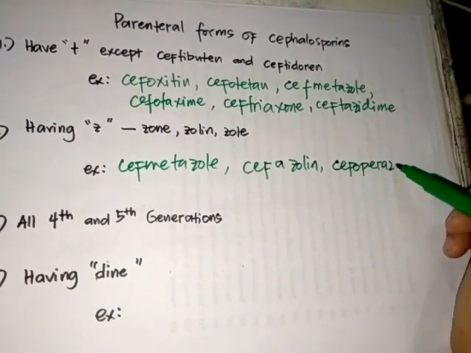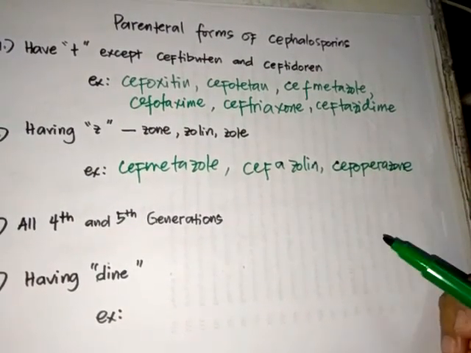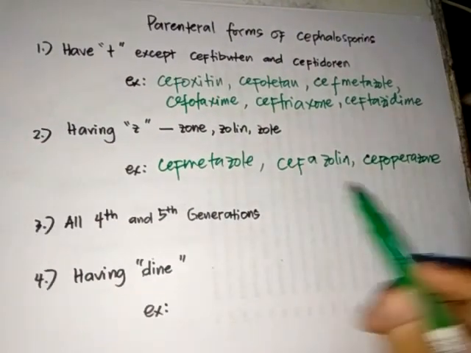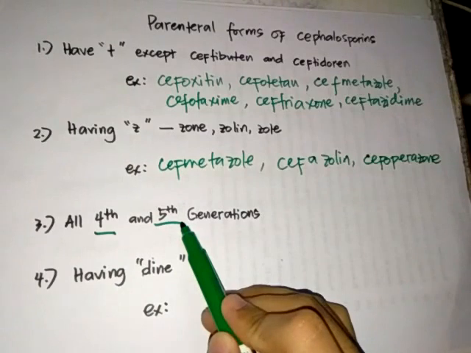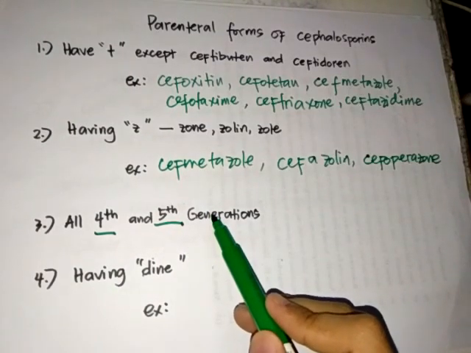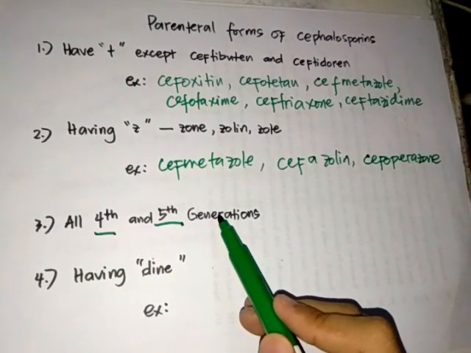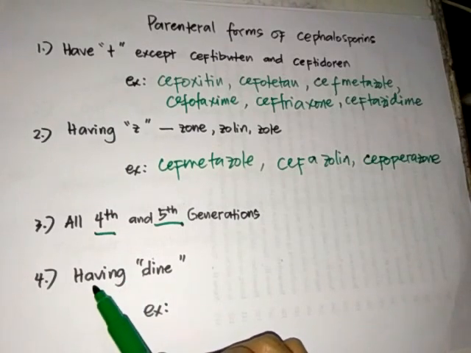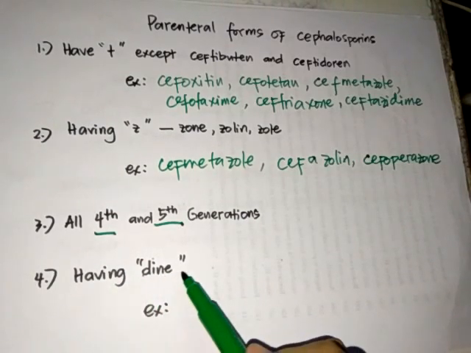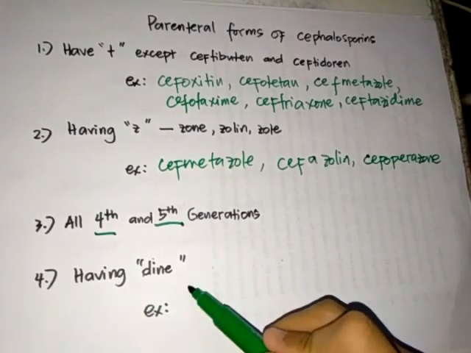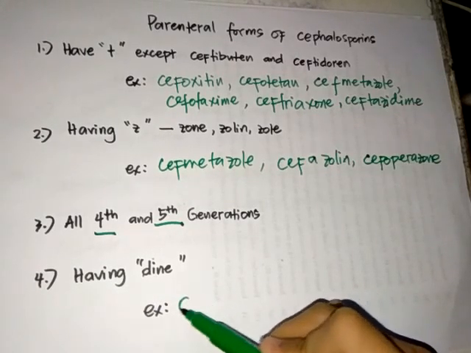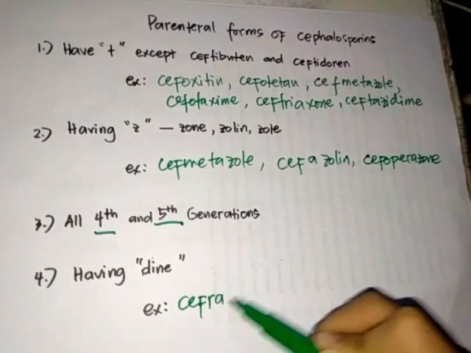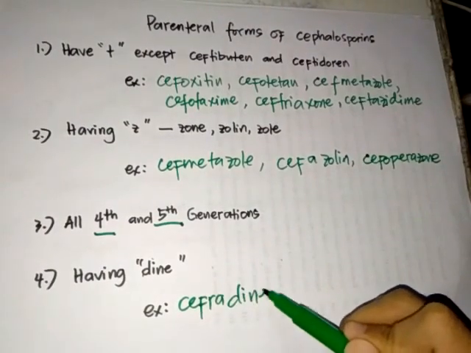And next is all fourth and fifth generations. All fourth and fifth generation are considered as your parenteral form of cephalosporin. Last is that having DINE. Example, your cephradine, or can read as cephradine, it's okay. Very good.